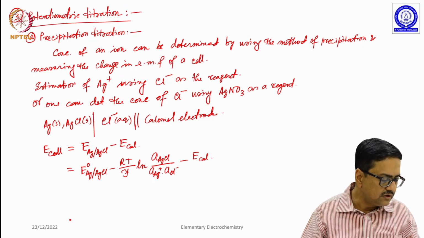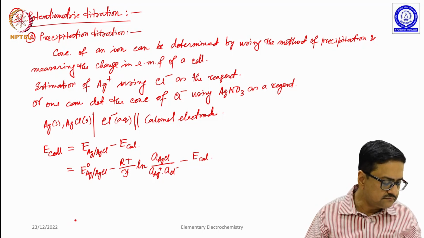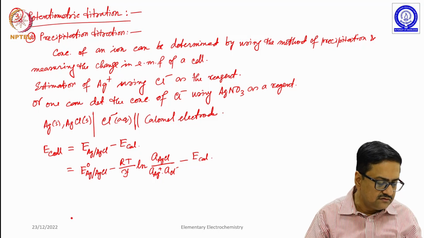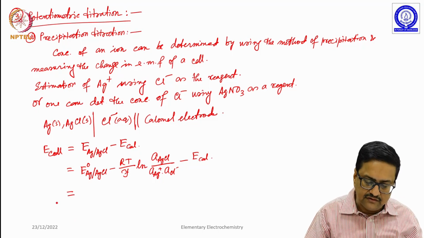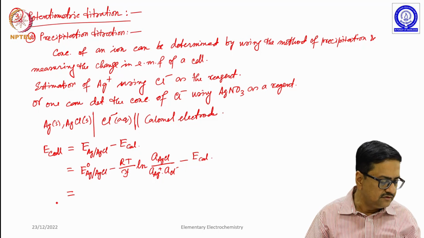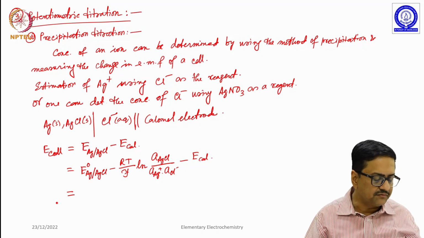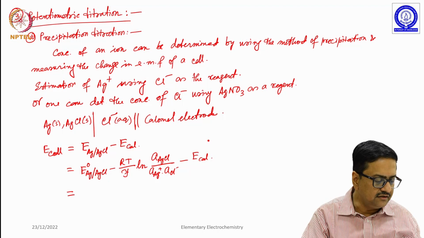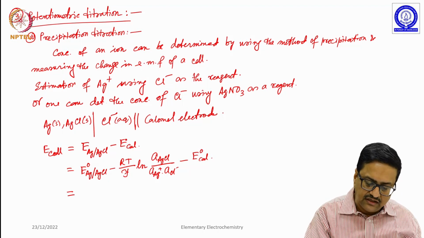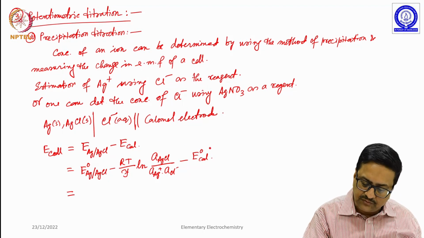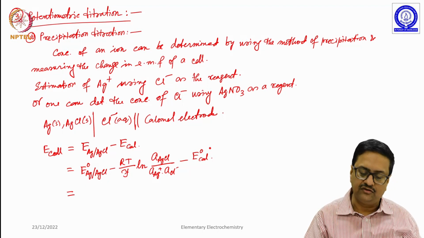So, one can further write the difference of E0 AgCl and E0 for calomel. So, the E calomel is, suppose at the standard state it is E0 calomel.